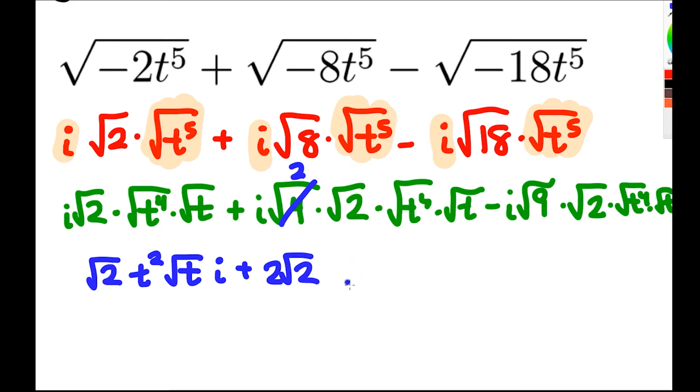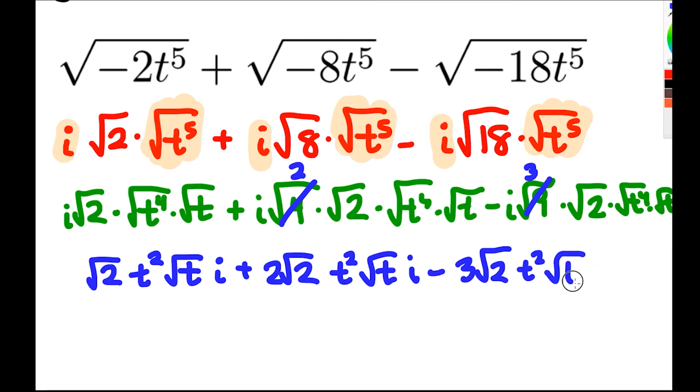I'll put the i at the end. So it's going to be 2 root 2 times t squared times the square root of t, again, times i. Minus, this is going to be 3 here, so it's going to be 3 root 2 times t squared root t times i.